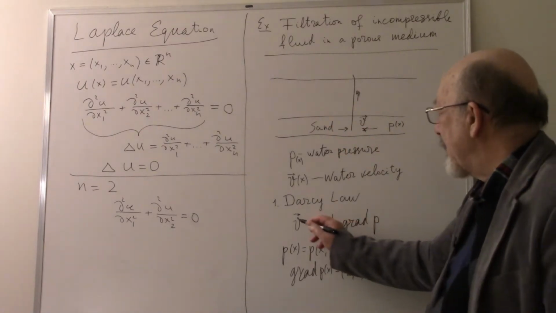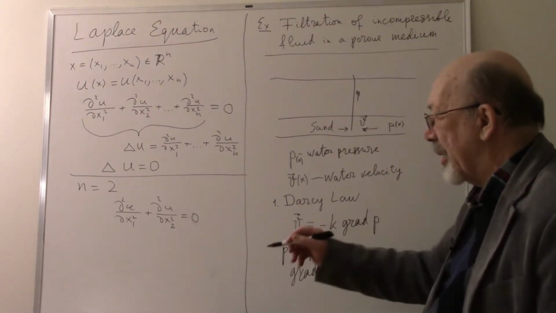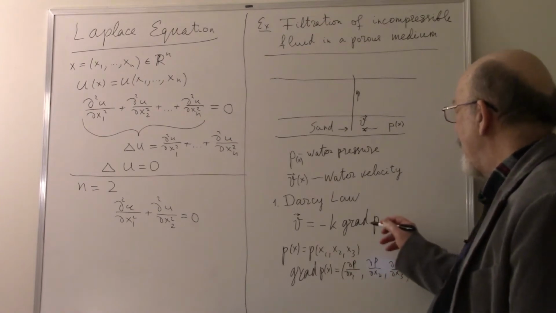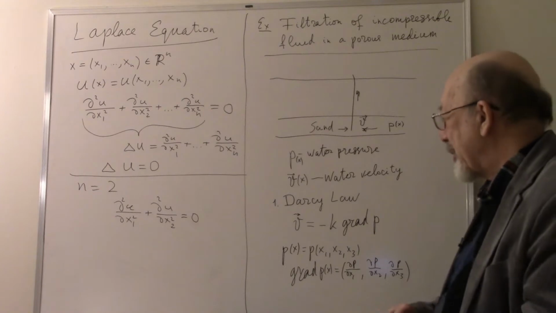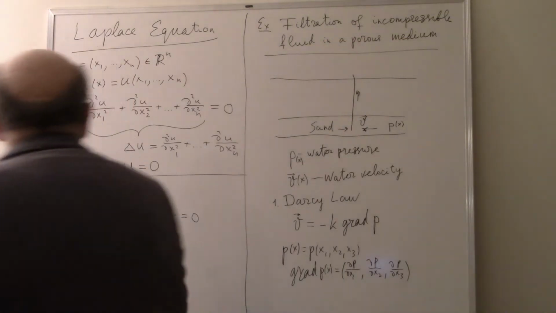So velocity is directed along the vector gradient p, but in the opposite direction, from higher pressure to lower pressure.